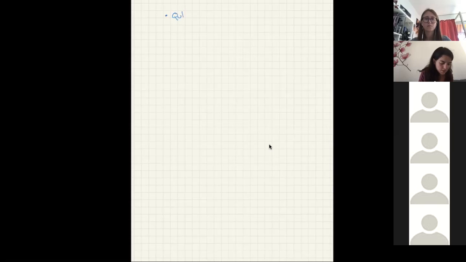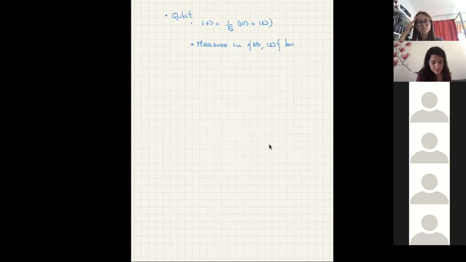So with the qubit, we saw that we had this state plus, which was 1 over square root of 2 times (0 plus 1). And now suppose we want to measure in the computational basis. What is the probability of getting outcome 0 when you measure the state plus?